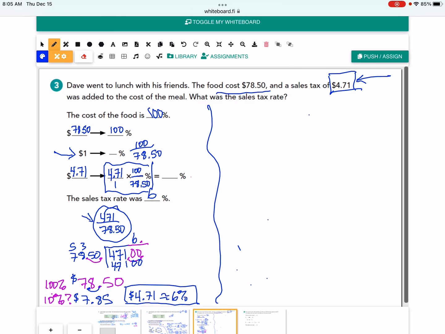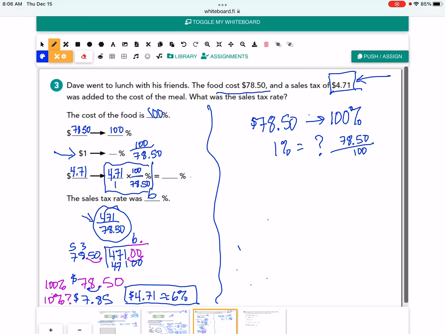As you well know, here we go. 7,850. That's 100%. Okay. And instead of asking what $1 is, I'm going to ask, what is 1%? And that's 7,850 divided by 100, right?